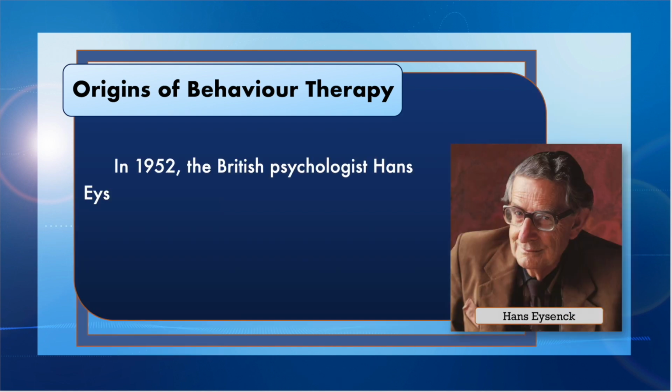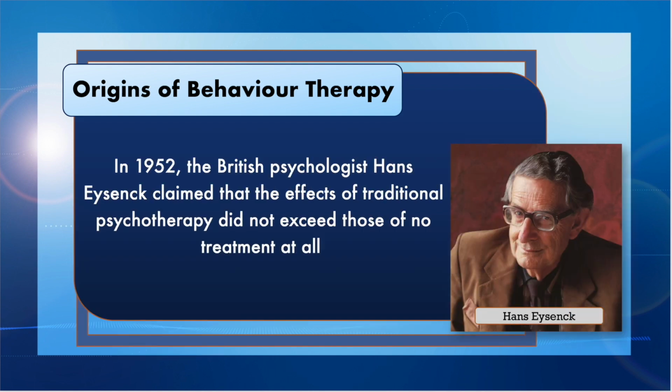In 1952, the British psychologist Hans Eysenck caused a major stir with his empirical review claiming that the effect of traditional psychotherapy did not exceed those of no treatment at all. As an effective alternative, Eysenck mentioned behavior therapy based on modern learning theories.